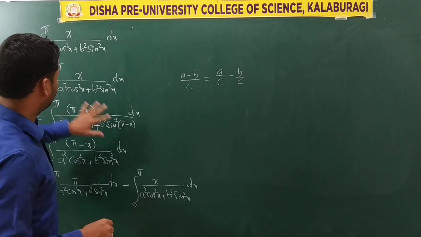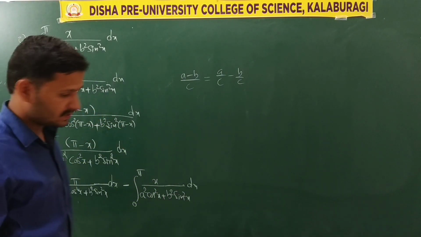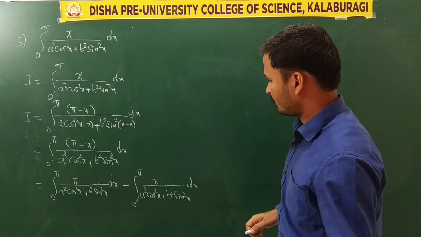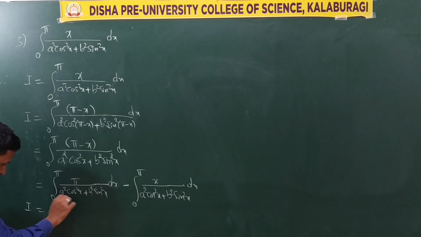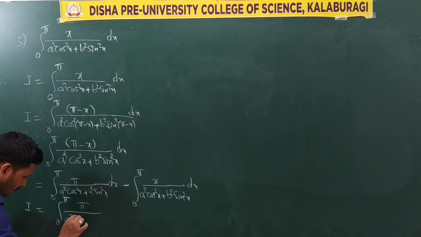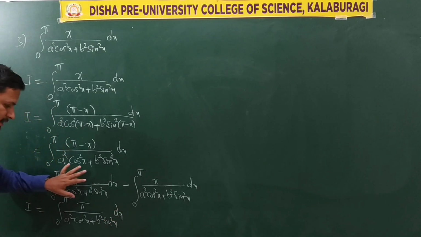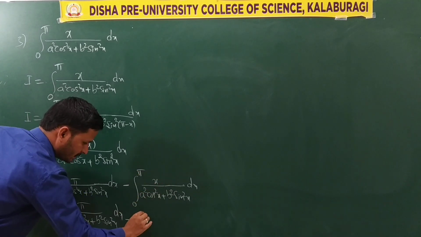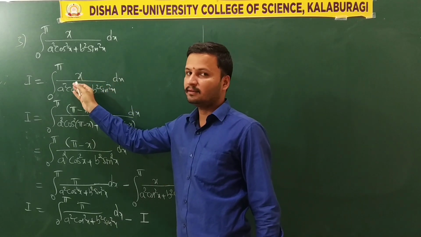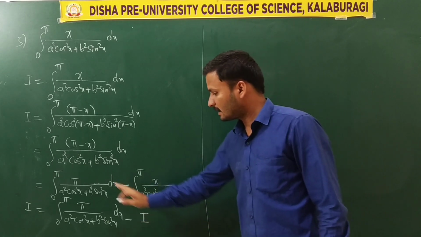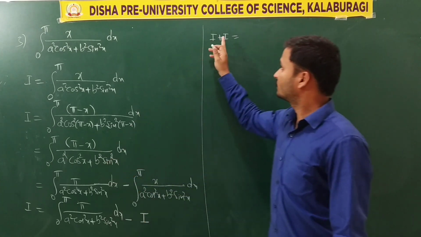See, this looks like the given integral I. So what should we take this total as? I. So here I is equal to this integral written as it is, 0 to pi divided by a square cos square x plus b square sin square x into dx. The integral that follows after the minus is also I. Why take I? Because the given integral was taken as I. So next, shift this minus to the other side. So what happens? That is I plus I.